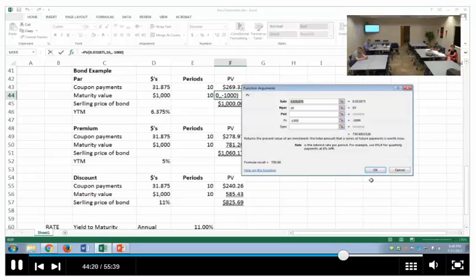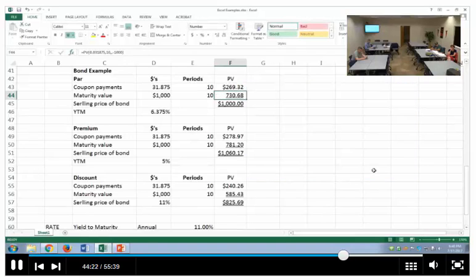Now, because the bond is selling at par, in other words the market yield to maturity is equal to the coupon, the bonds sell at face value. Now, in the second example, the bonds are selling at a premium.